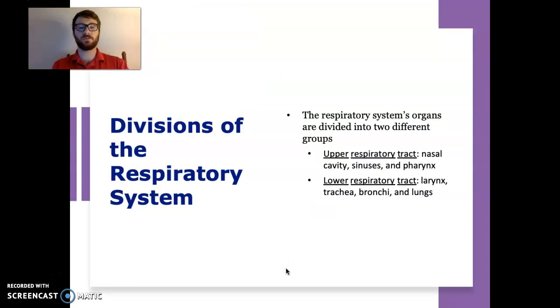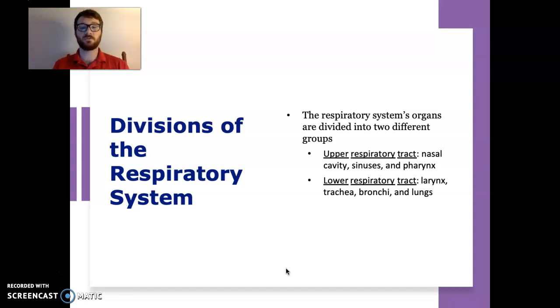Divisions of the respiratory system, we divide it into the upper and lower respiratory tract. The upper tract contains the nasal cavity, or the nose, the sinuses, which 6 of them surround your nasal cavity, and the pharynx, the upper part of what we would call the throat.